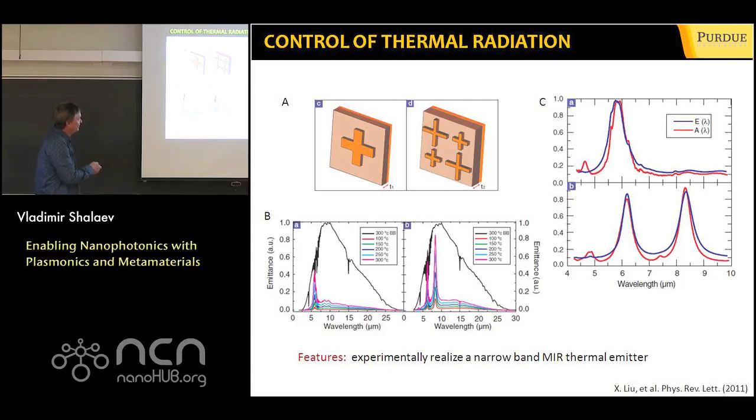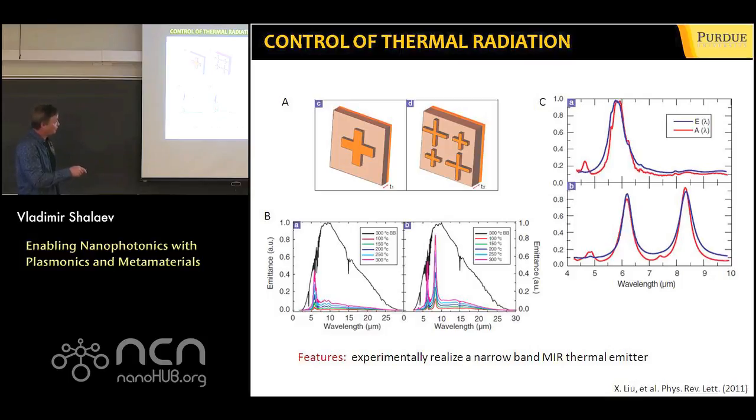This is black body radiation at 300 Celsius. Here you increase temperature, and you could see how dramatically emittance is different from the emittance of black body radiation. Or with this double resonance structure, you have these two peaks in emissivity and emittance, and it's of course dramatically different from what you get for black body.